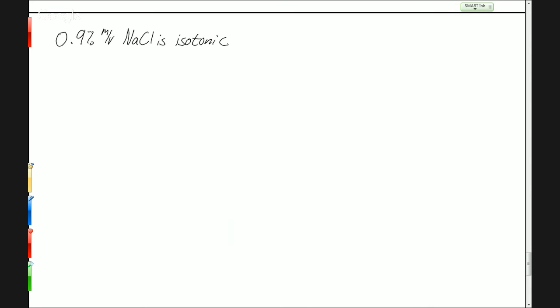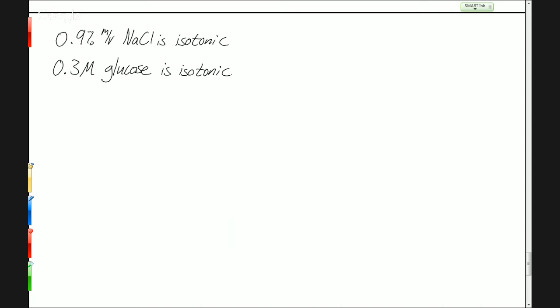Another common isotonic solution, when you want some nutrition in it, is a 0.3 molar glucose solution. It's not exactly 0.3, it's like 0.306 or something like that, but close to 0.3 molarity is isotonic for any particle.